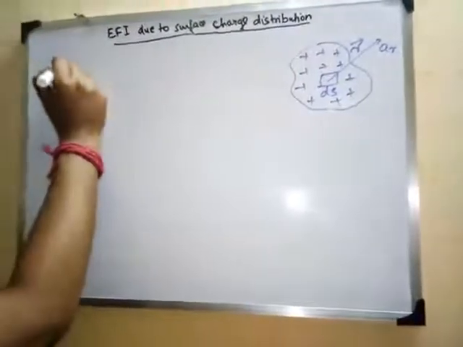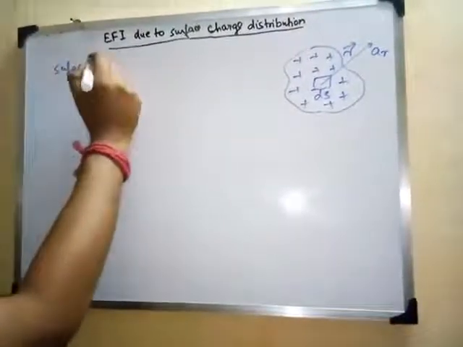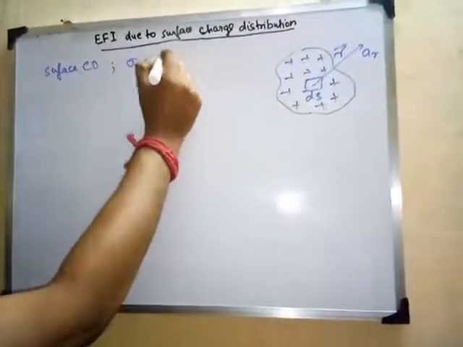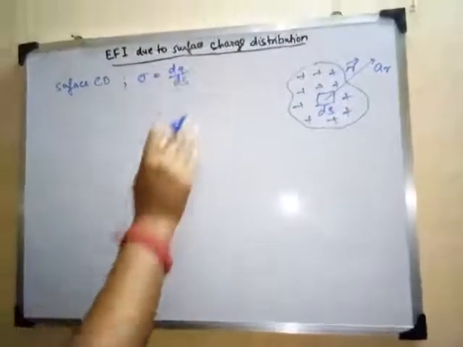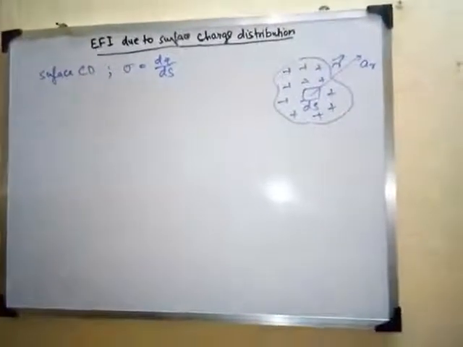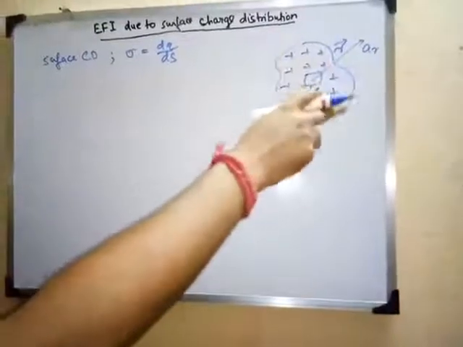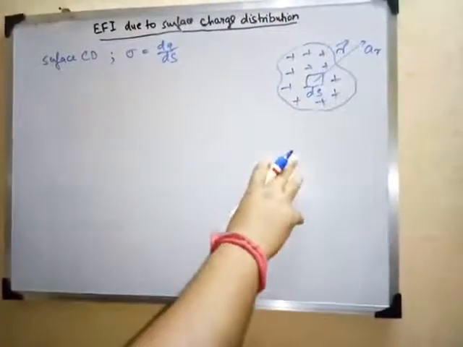So we have defined previously that surface charge distribution is given by sigma equals dq by ds. If you can remember, this was the expression. Now from this total surface S, we consider a small elemental area ds.